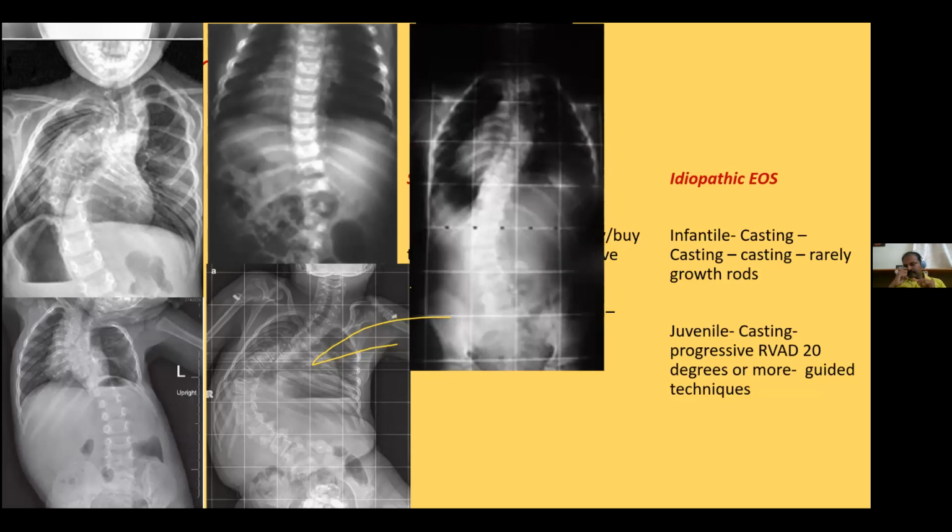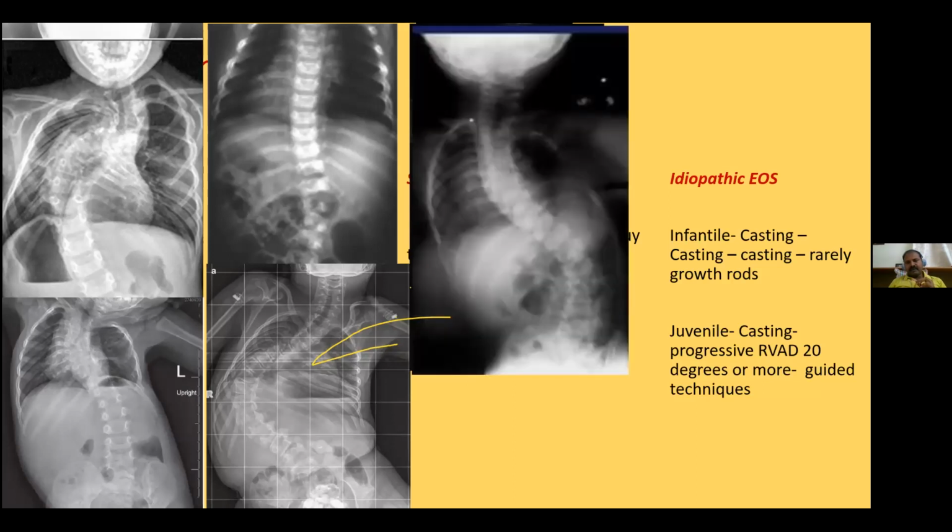Or if it is a double curve like this, then you can use a growing rod, basically a guided growth technique. If you want the apex to be corrected and brought to the midline, then you use the Shilla technique. Put anchors up and down, don't fuse them, fuse the apex, and then allow the growth to occur.